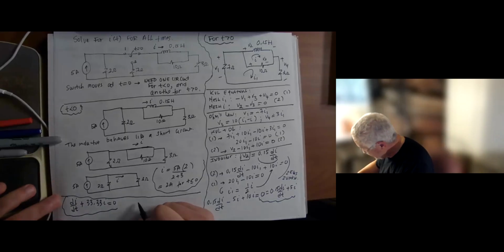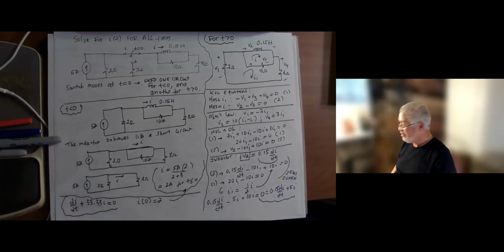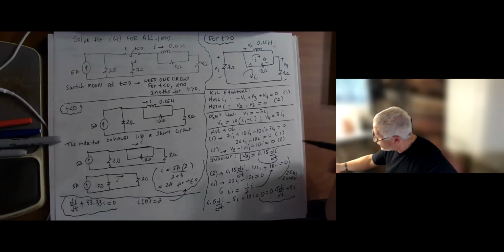And that differential equation, I'm going to solve with the initial condition of I at 0 equal to 2, which came from the particular solution for t less than 0. So this shows you the process here.